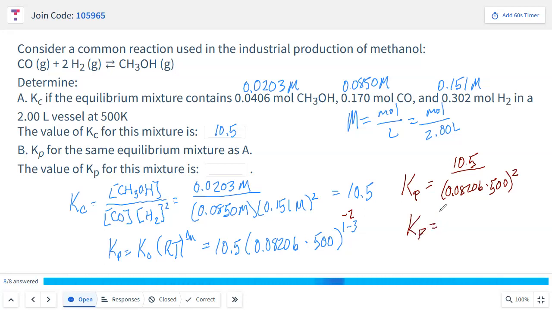So 10.5 divided by 0.08206 times 500 quantity squared. Do 3 significant figures again. 6.24 times 10 to the -3rd.